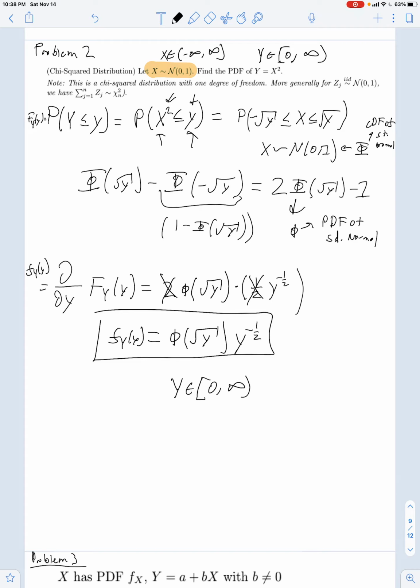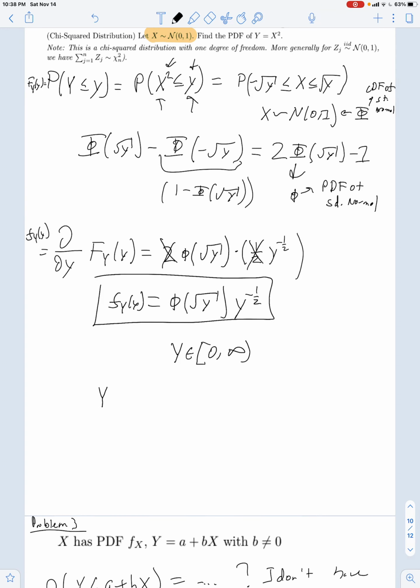This is actually a well-known distribution that there have been a lot of papers written about, and it is very famous. It's called the chi-square distribution. I'm just going to run through that really quick. You may have exposure to it, or you may not.